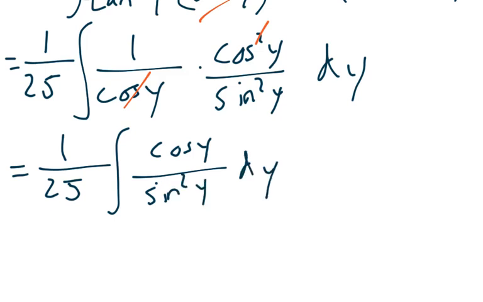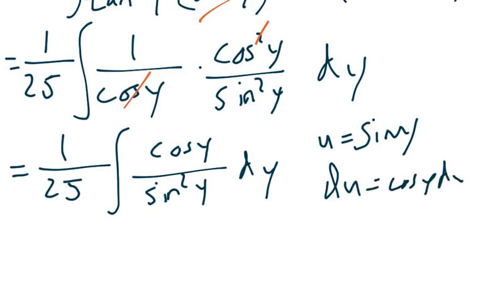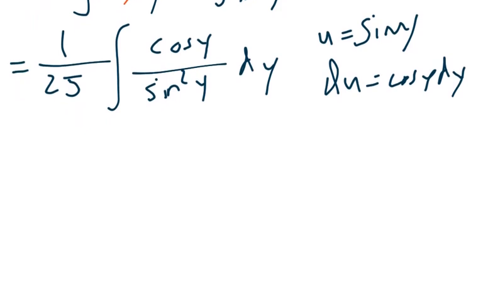Now this also looks a little bit intimidating, but we're in a good place. Now we like when we have sines and cosines together because we can just do a pretty simple u sub. U is equal to sine y, du is equal to cosine y dy, which is what we have on top.